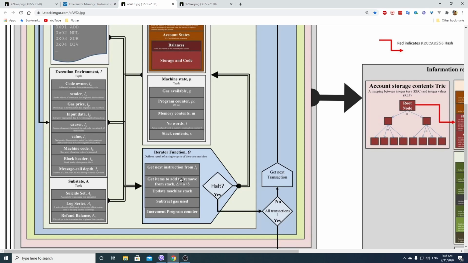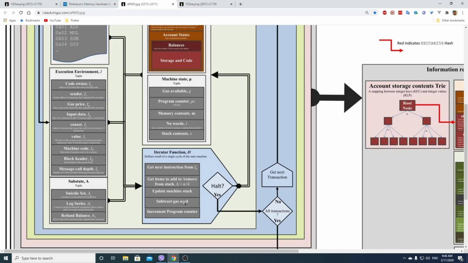For example, there will be an instruction that says push this number on the stack. There's an instruction that says sum the two numbers that are on top of the stack and leave the result on the stack. So each instruction will indicate how many entries it has to remove and add on the stack, right? Then you do that.